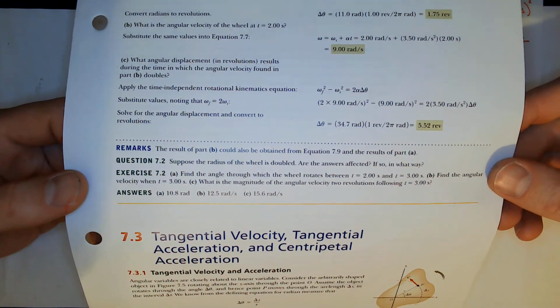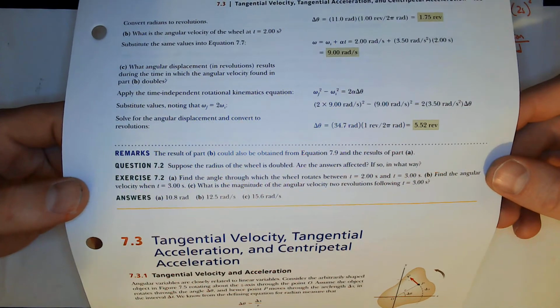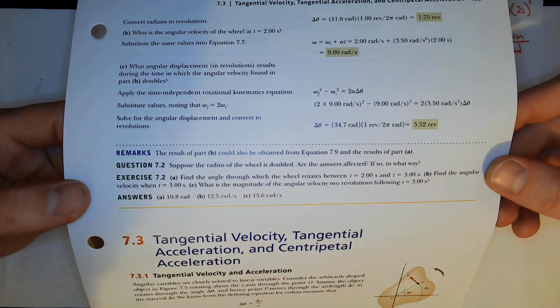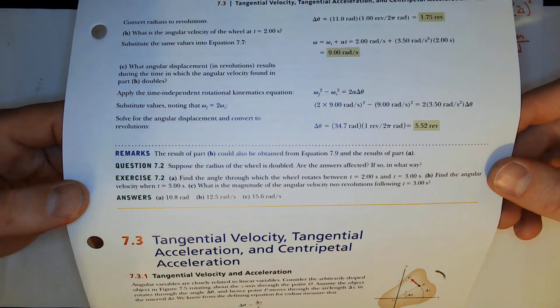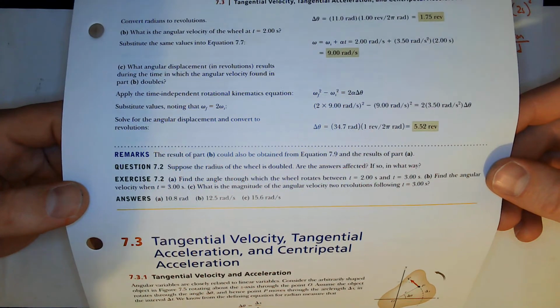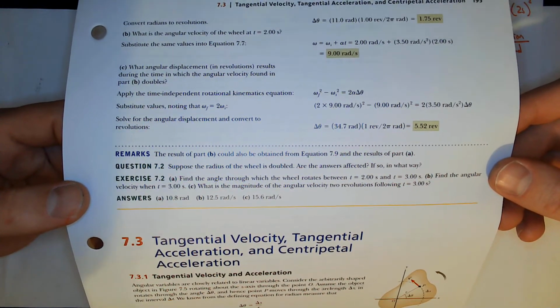Are the answers affected? Well, the answer is no, because angular displacement, angular velocity, and angular acceleration are not affected by where you are on the wheel, or the disk or the object. In other words, radius does not matter.